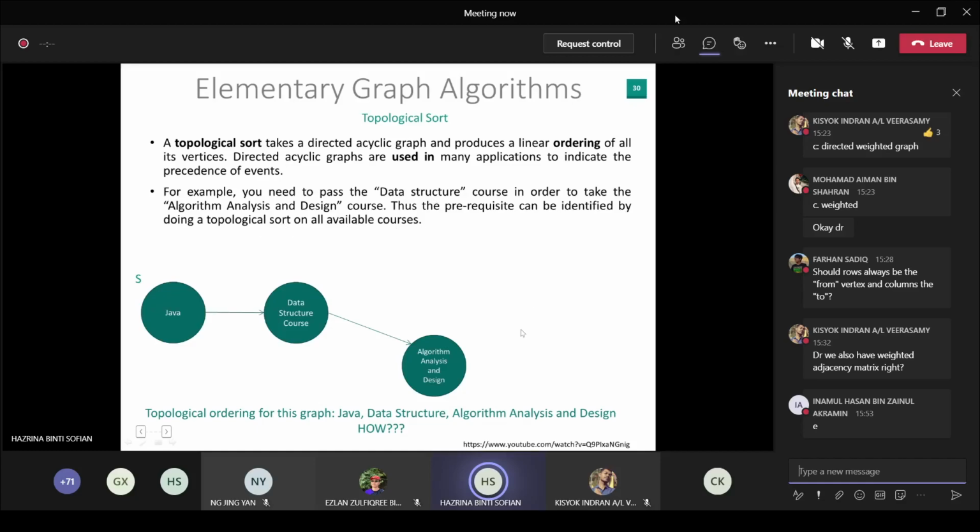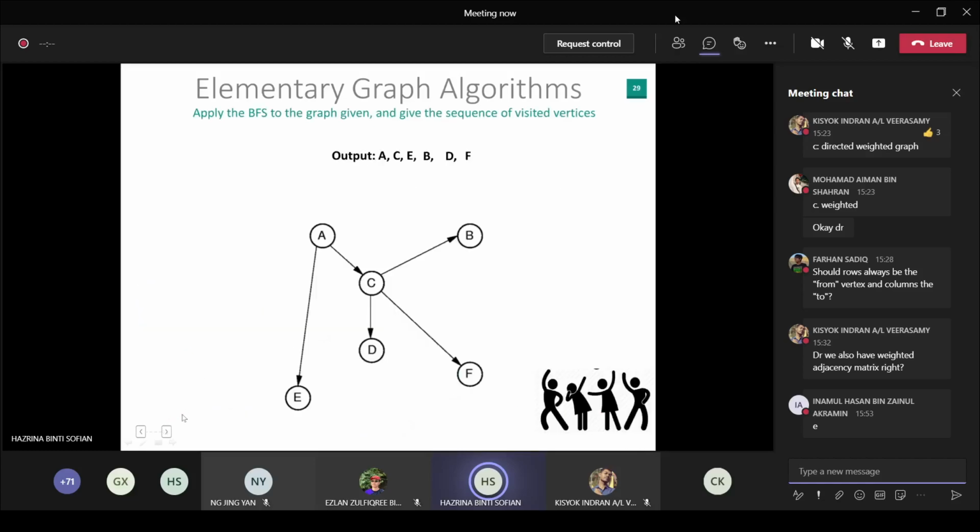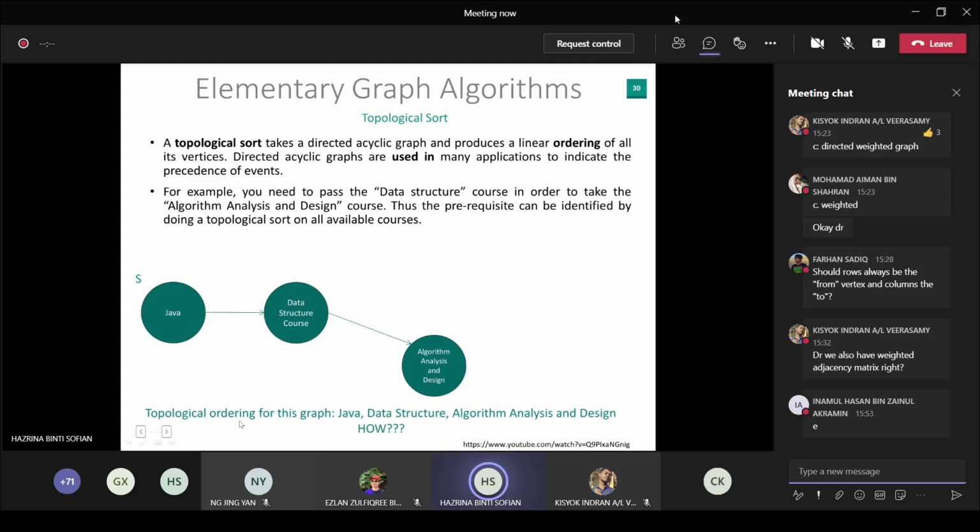Later we will learn how to use the algorithm, but for now, the topological order for this graph. In a naive way, we say first you need to take Java. Then when you pass Java, only then can you take the data structure course.